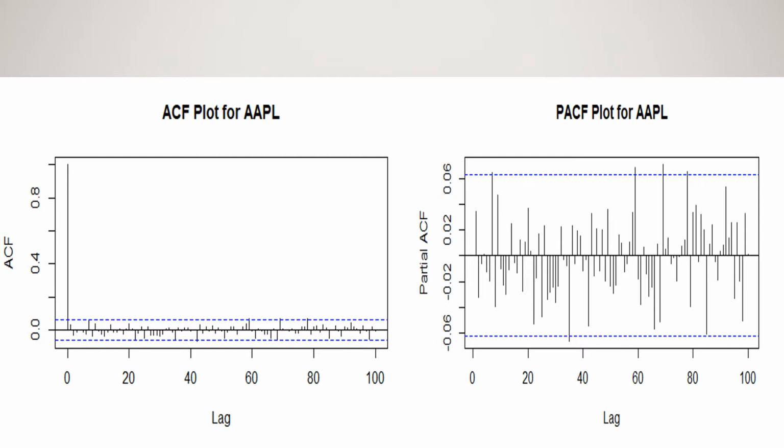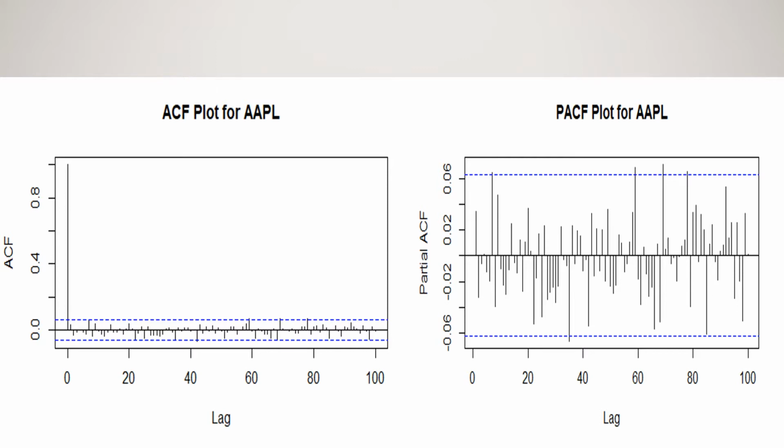After we got the stationary series, we exploited the ACF and PACF graphs. Here you can see the first lag itself is cutting the curve of ACF, and for the PACF around the 10th lag it is cutting the curve.